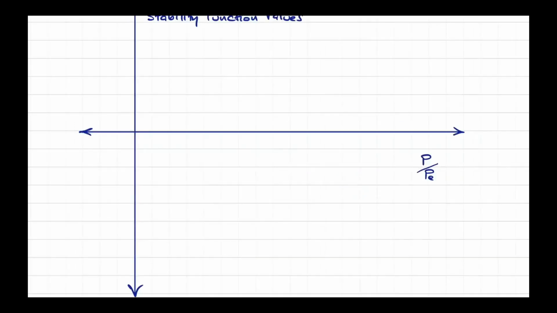No idea, completely clueless. So for the x-axis, generally we will use P over PE, where PE is the Euler buckling load.